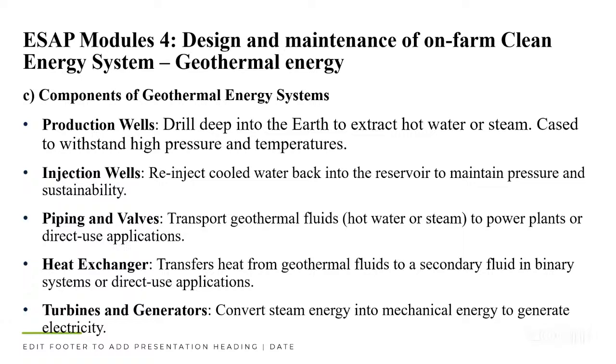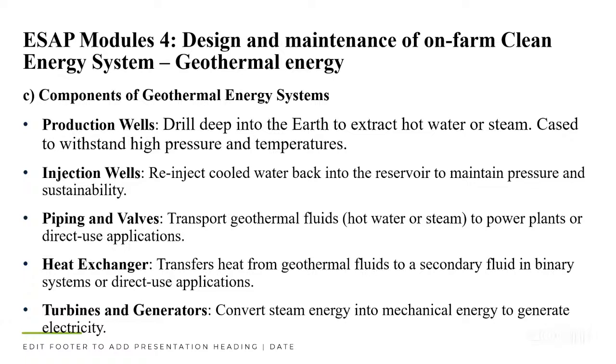Now, the different components of the geothermal system include the production well, that is basically from underground, where you extract the hot water and the steam coming off it. You exploit the temperature from those steams to generate the heat you require for use.